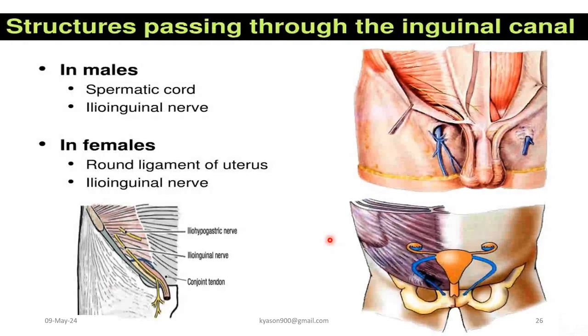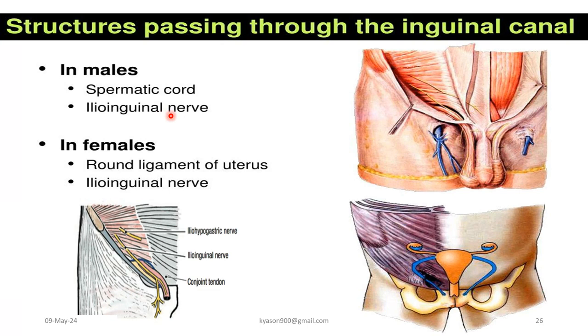Okay, so the structure contents of the inguinal canal: in the men, we've appreciated that we have the spermatic cord. In the women, we have the round ligament of the uterus. Additionally, in both sexes, there is a nerve that we call the ilioinguinal nerve. It's going to innervate the external genitalia.